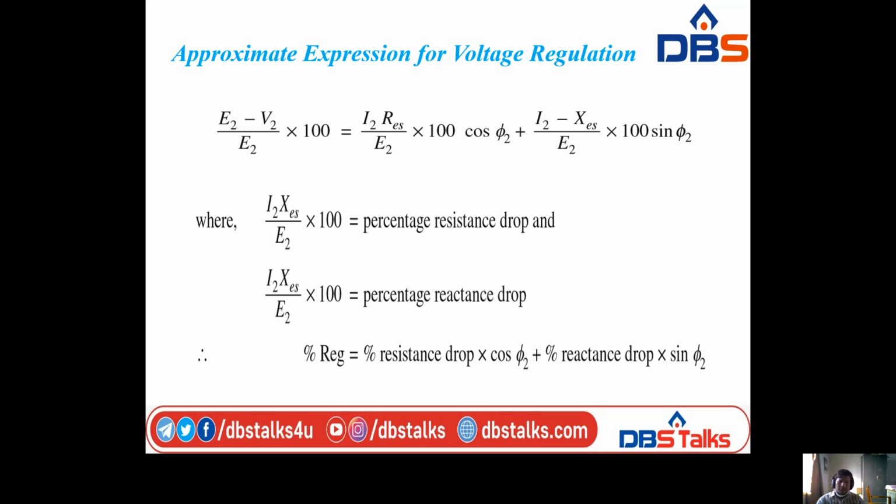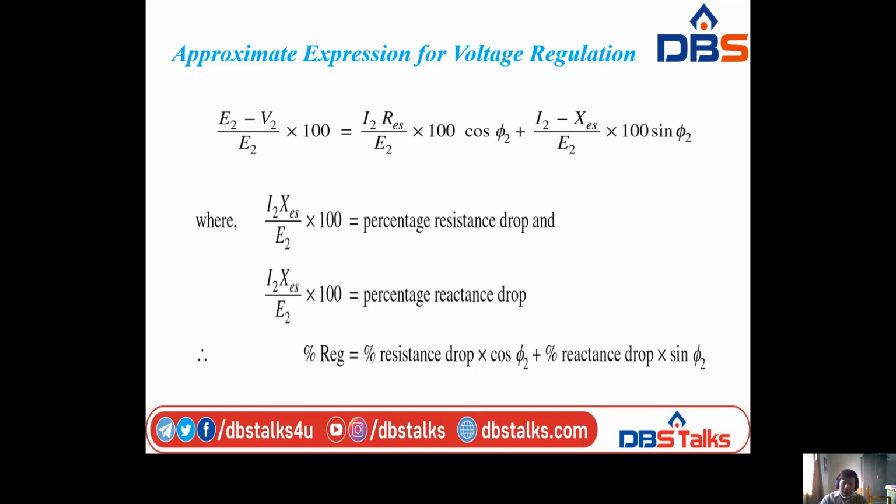Now regulation, (E2 minus V2) by E2 into 100, is I2 R equivalent by E2 multiplied by 100 into cos phi 2 plus I2 X equivalent by E2 multiplied by 100 into sin phi 2. Why are we giving this equation?